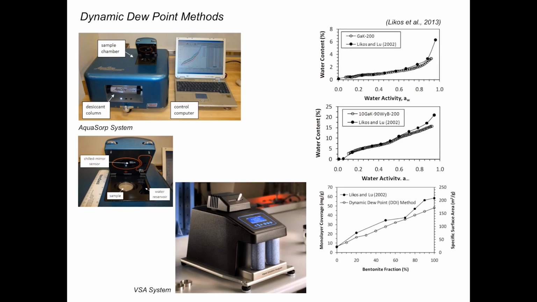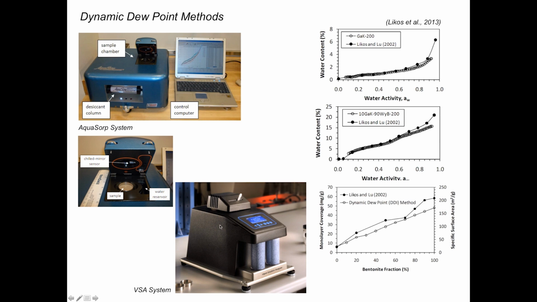Other ways to do this, these dynamic dew point methods. The two figures up here on the left are an earlier generation device developed by Decagon to measure water vapor absorption isotherms in a dynamic fashion, where again the idea is similar, where you're circulating a gas stream through a chamber containing a powdered specimen of, let's say, clay in this case, and really taking snapshots of the humidity or the vapor pressure and the mass of the clay during this dynamic sorption process.